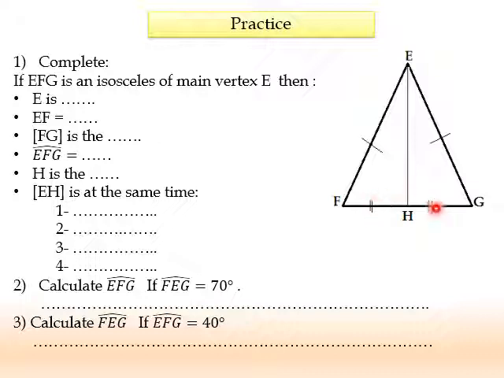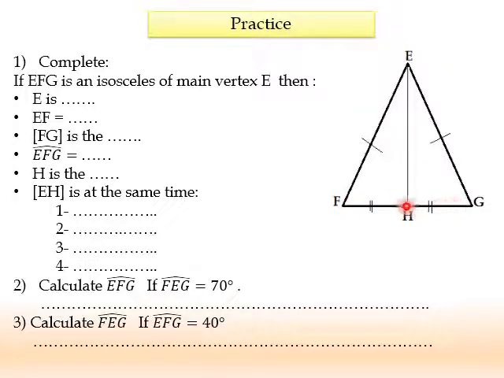If I have two equal segments, FH equal to HG, then H is the midpoint of FG, and EF equals EG, so it's an isosceles triangle of main vertex E, the base FG, the base angles are EFG and EGF, and the base angles of isosceles are equal. What about EH? It's perpendicular to FG, so it's a height.